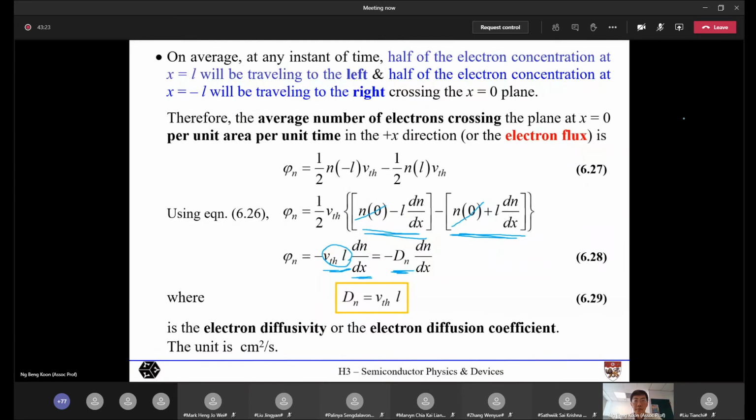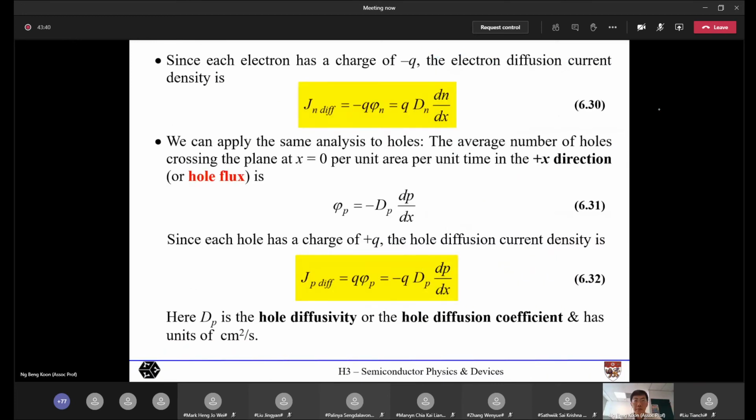How do you find the current? If you know how many electrons are flowing per unit area per unit time, we just need to multiply the quantity with q. You multiply with q, then you get Coulomb per unit area per unit time. In this case we multiply by minus q because it's an electron, so the charge is actually negative.